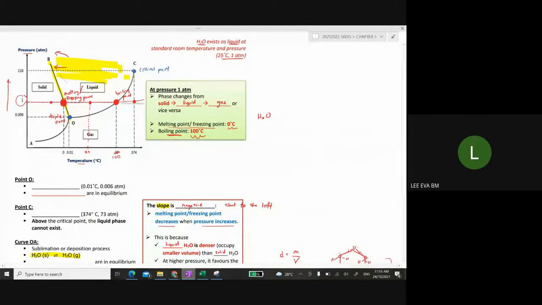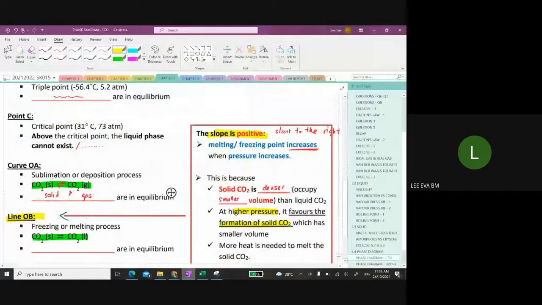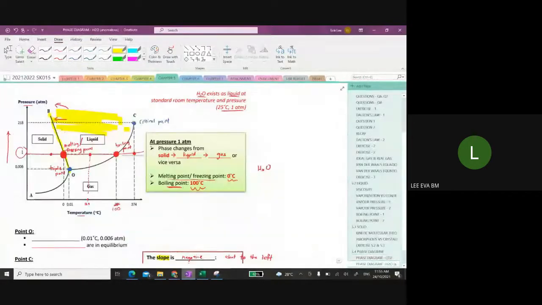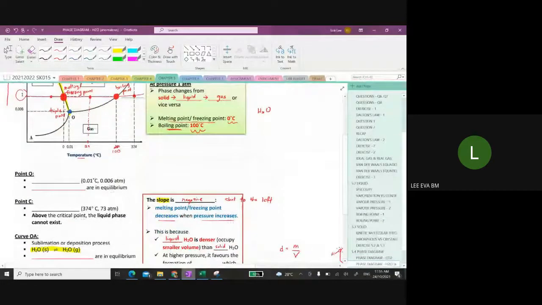Okay, so let's say we compare back to our phase diagram for carbon dioxide. Again, high pressure prefers smaller volume, which refers to a solid carbon dioxide which is denser. So please look at the difference for both of these phase diagrams. Why do we prefer liquid?